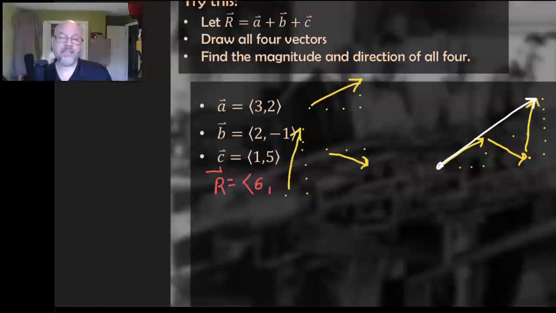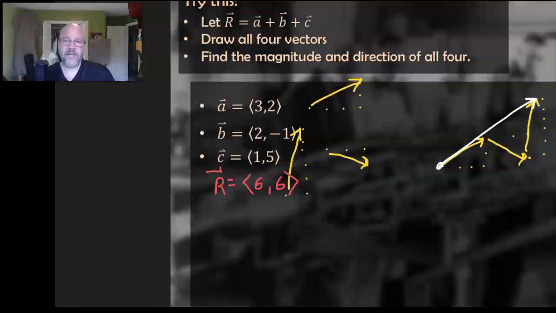So the x component for my resultant vector is 6. Then for the vertical, we went up 2, came back 1, and then we went up 5. So 2 minus 1 plus 5 is 6 also.